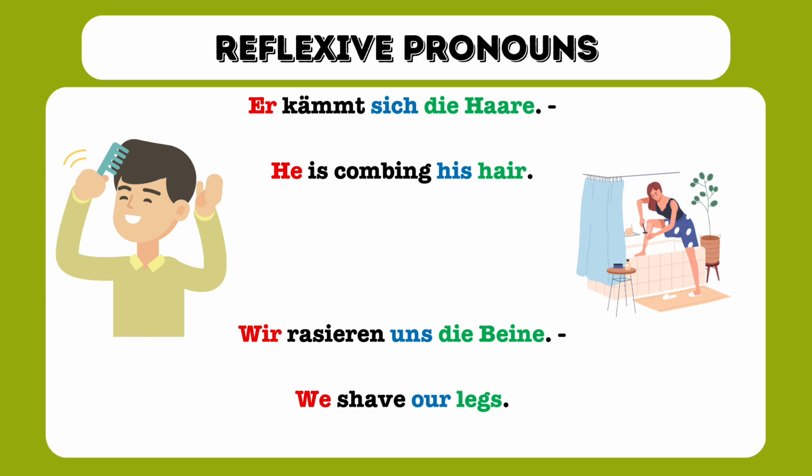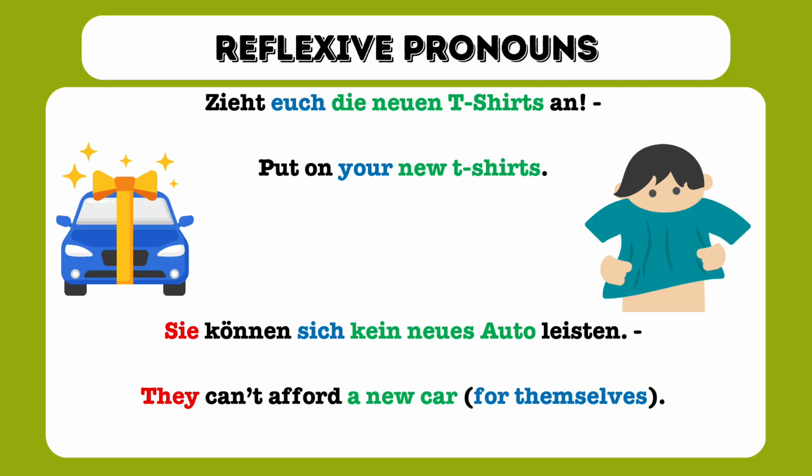Die Beine are the things being shaved. Uns just tells us to whom they belong. So we are shaving the legs, that's accusative for the legs, and ourselves is the reflexive pronoun in the dative case, uns. Wir rasieren uns die Beine. Zieht euch die neuen T-shirts an.